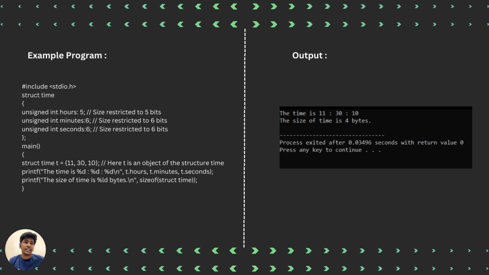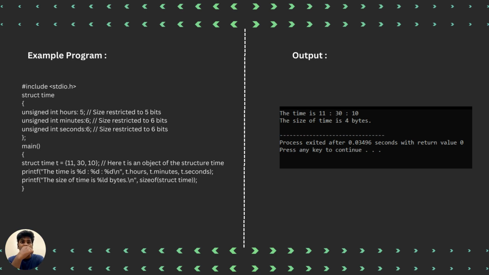Example program: struct time, unsigned int hours colon 5, unsigned int minutes colon 6, unsigned int seconds colon 6. As you can see, in the first declaration, size is restricted to 5 bits, and the next two are restricted to 6 bits.